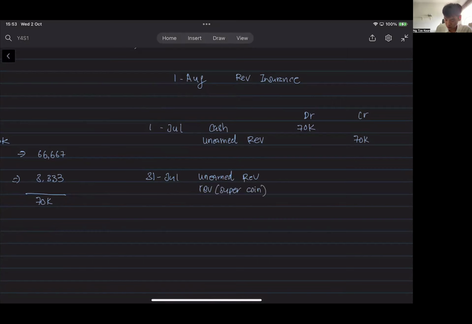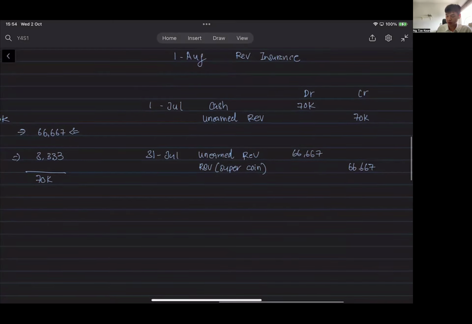I hope these abbreviations are clear. So to decrease unearned revenue, you would have to debit the amount, right? Because it's a liability. So we have to debit by the allocated price of this 66,667 in total. And we perform the same entry on the other side. And again, the entries match so that it balances on both sides.